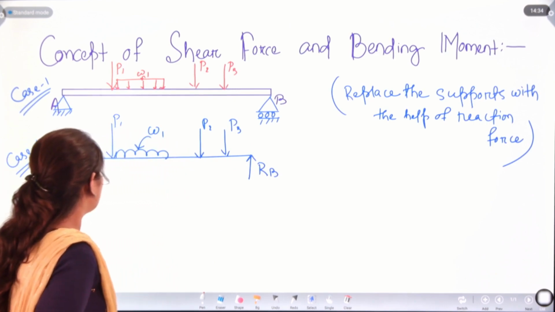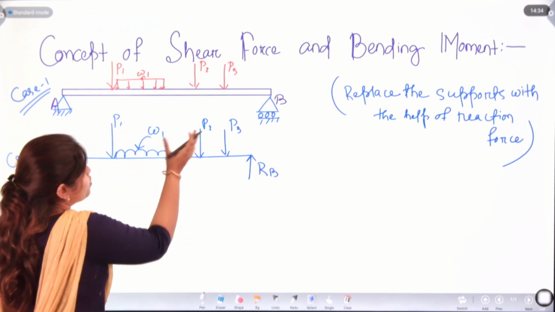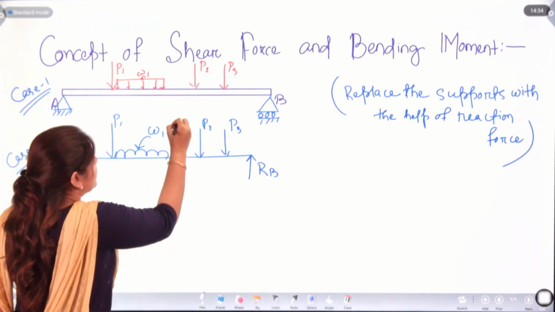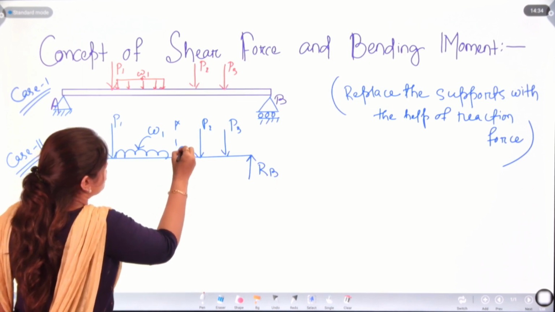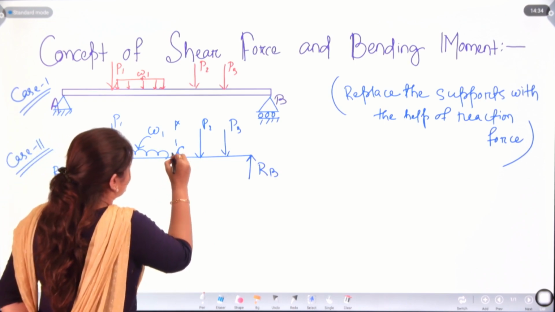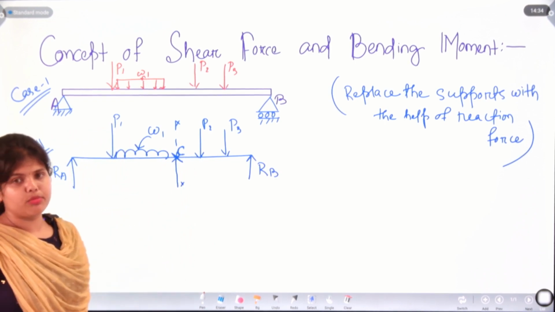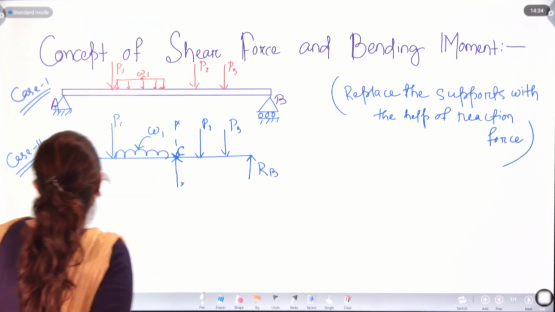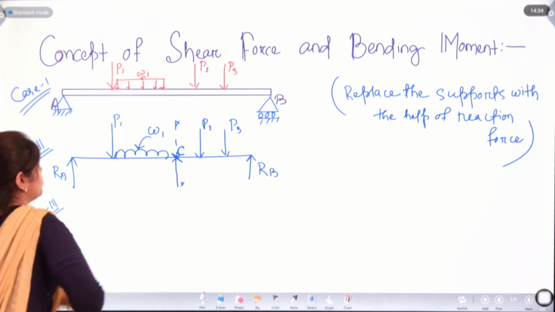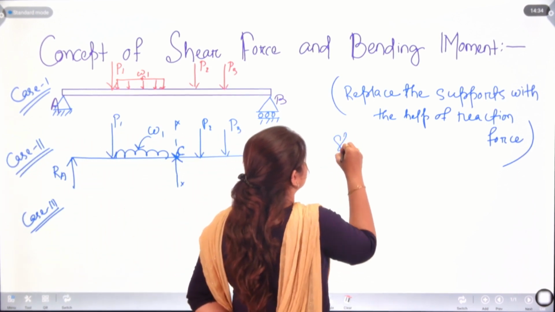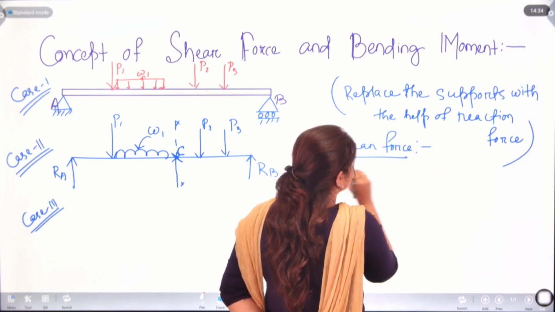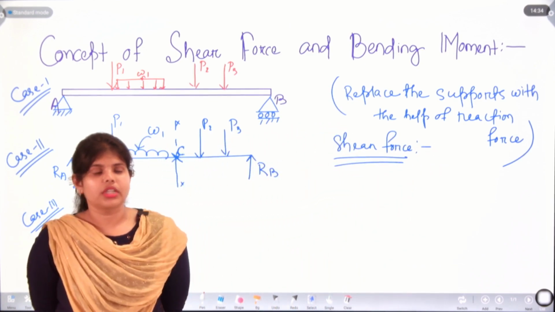Now we will calculate shear force and bending moment at a section. Let's take the section X and name it as C. At point C, we will find the shear force and bending moment. To find the shear force, we go to the definition. In our previous classes, we have already discussed what shear force is.